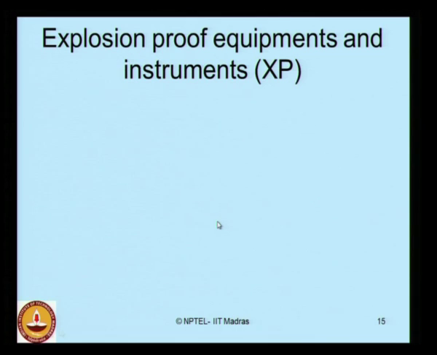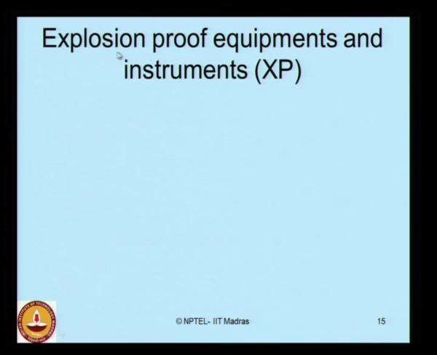The third method by which we can do fire prevention or control is by designing what we call fireproof equipment and instruments. Generally, ladies and gentlemen, in equipment and instruments used for the oil and gas industry in production or storage platforms, you will always have the mark XP written on the top of the vessel or the equipment.